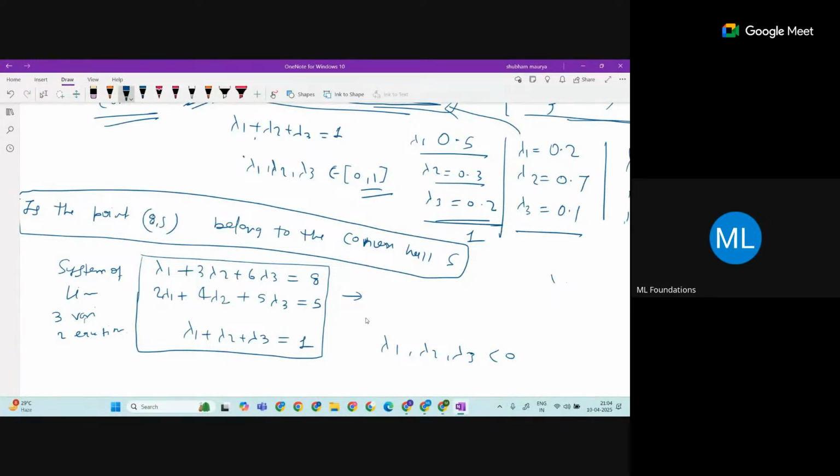So the procedure is: solve this system, and once you get the solution, check whether all are positive, between 0 and 1. If they satisfy this, then (8, 5) belongs to the convex hull. If not, your answer is no. This is the procedure.